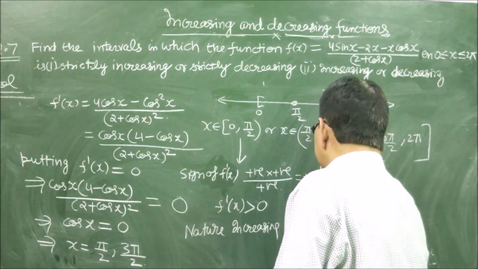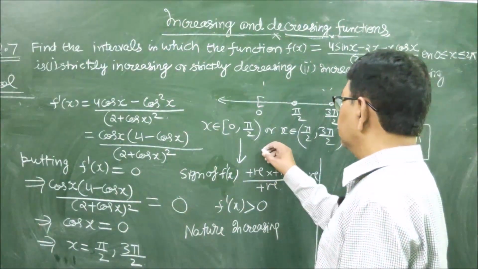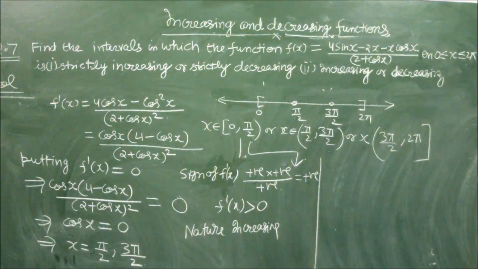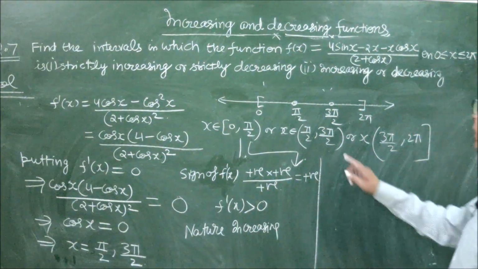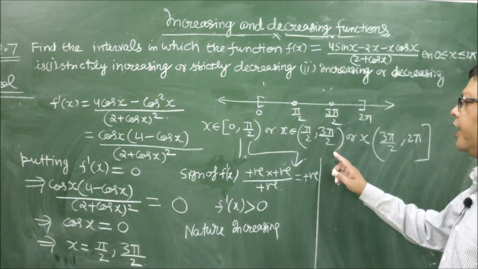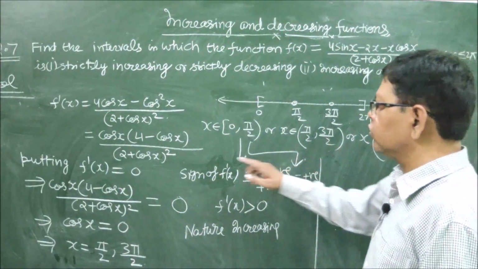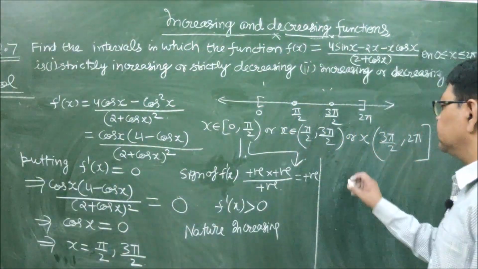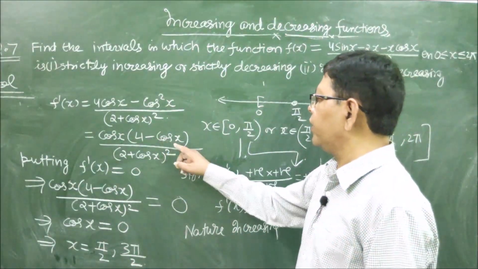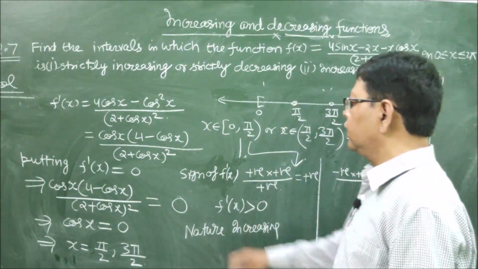So in this interval, that is from 0 to pi by 2, the function is increasing. Now let us test the function in the interval pi by 2 to 3 pi by 2. In this interval, the sign of f dash x will be: when x is beyond pi by 2, the cos will be negative, into 4 minus cos x, which is positive, upon the denominator, which is positive.